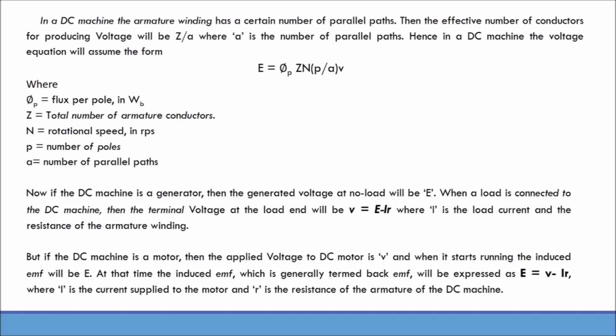The induced EMF, which is generally termed as the back EMF, will be expressed as E equals V minus I into R, where I is the current supplied to the motor and R is the resistance of the armature of the DC machine. That is all about the DC machine, which is functioning as a generator as well as a motor.